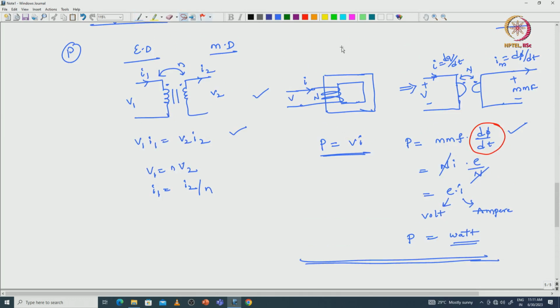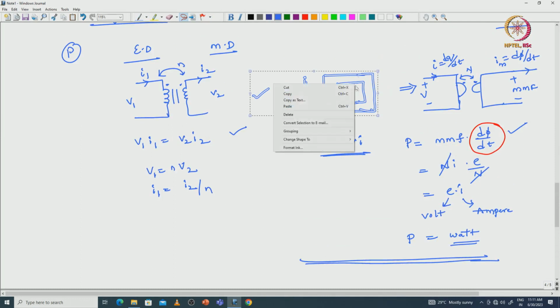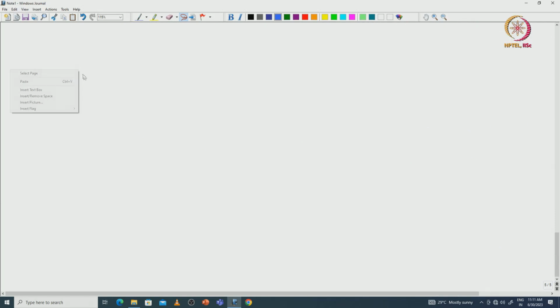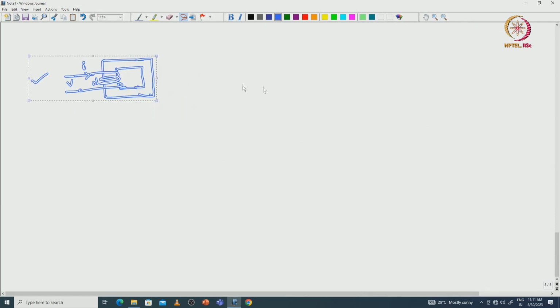I will copy the same magnetic circuit. We have to represent this magnetic circuit as an electrical circuit with respect to the flow variable and the effort variable N into I.